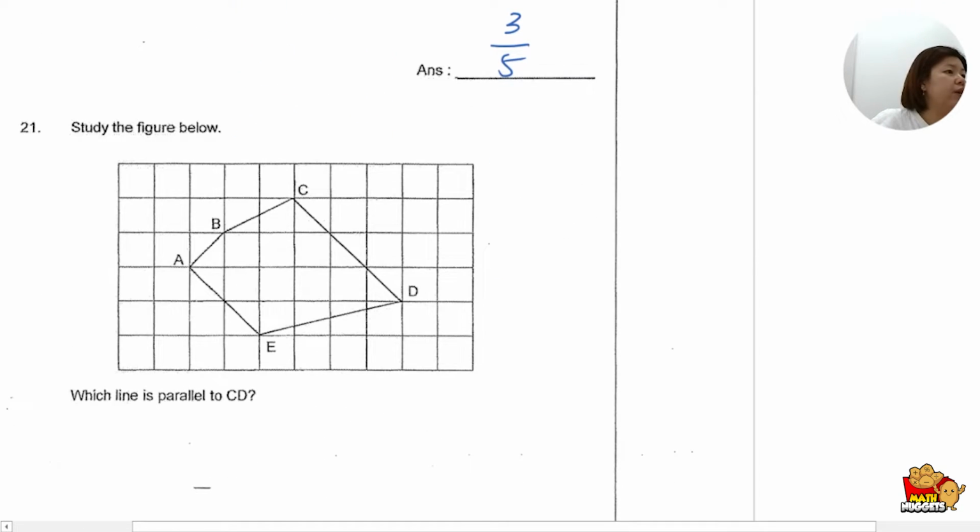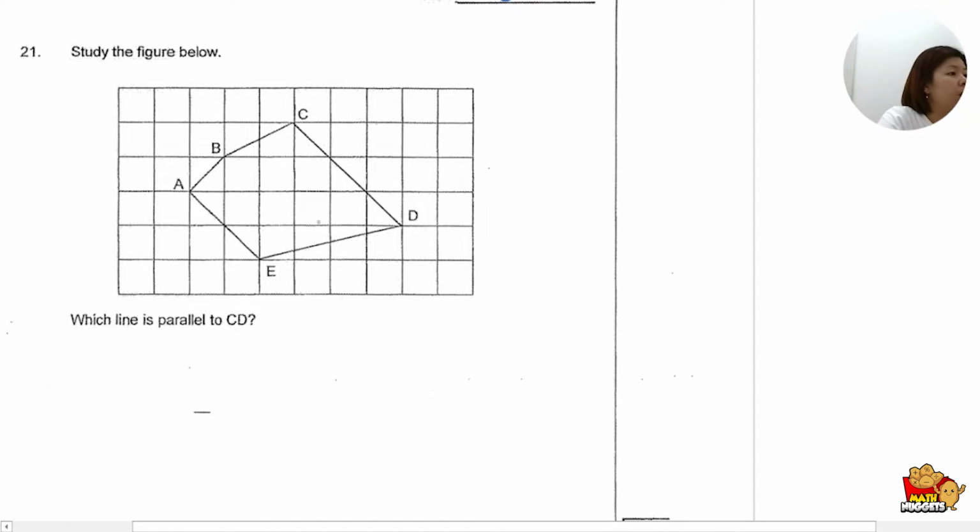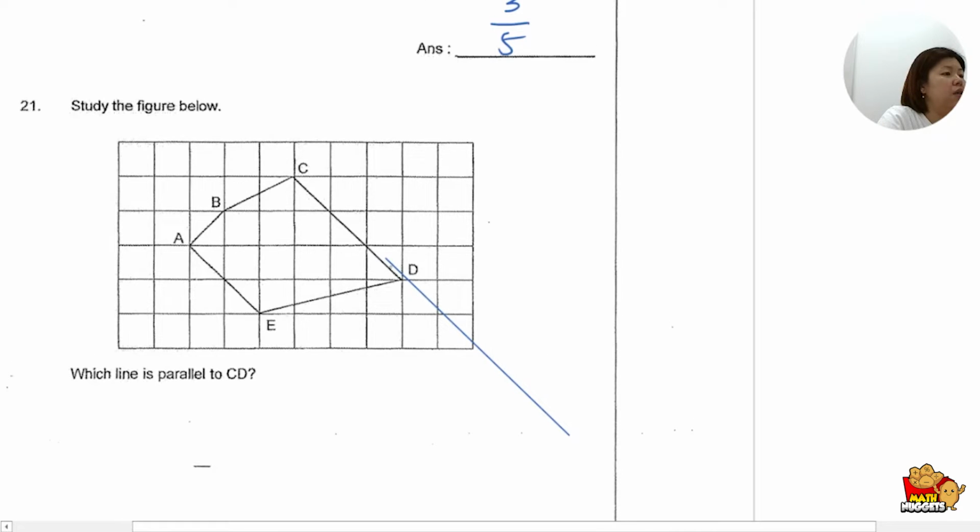Okay, study here. Which one is parallel to CD? Parallel to CD means the line will never meet one another. So another line.